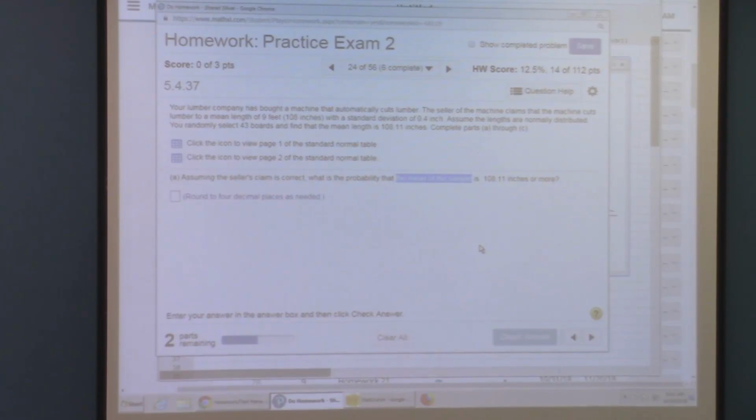Whenever the question is about a sample mean, you are dealing with a sampling distribution. Whenever the question is about an individual subject, then you can use a population distribution. But since the question is about the sample mean, we need to use sampling distribution. So let's go ahead and use that.